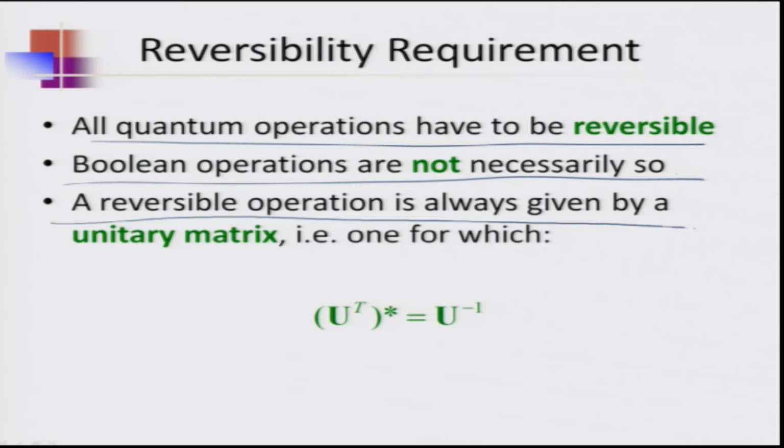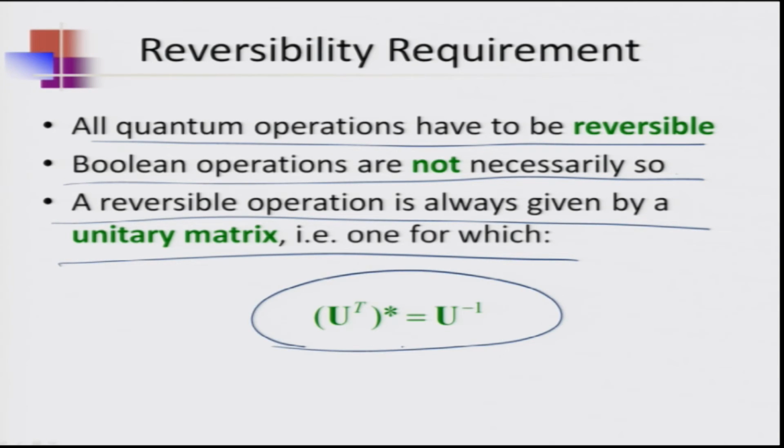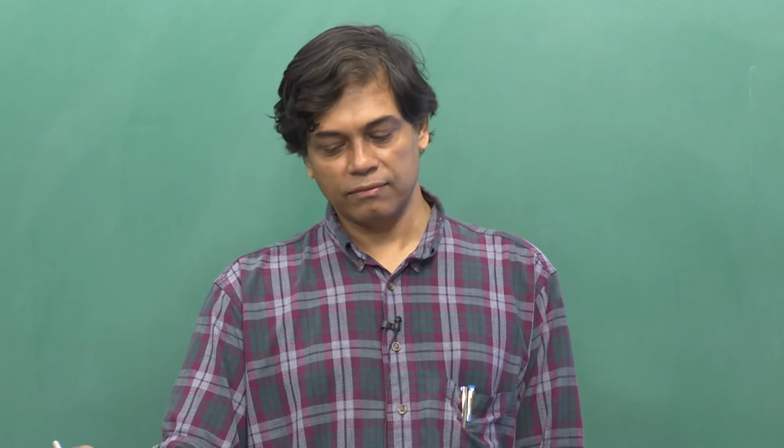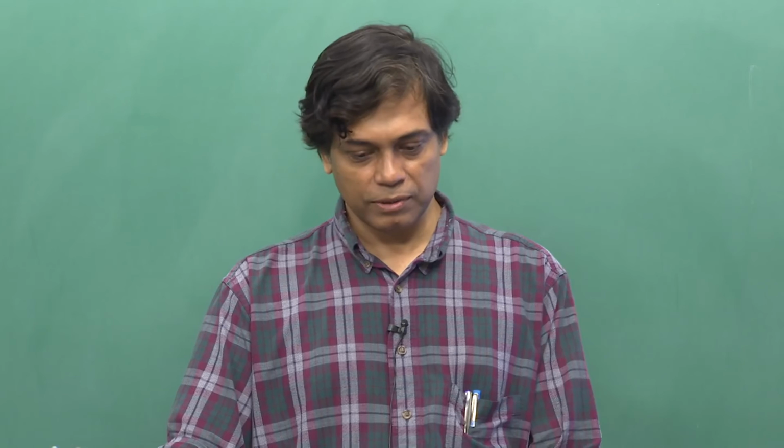A reversible operation is always given by a unitary matrix, so all our quantum gates will be possible to write in terms of this kind of unitary transforms. So, that is one other point, that any gate that we devise will have a unitary transform. So, it will be possible to get this inversion very easily. Okay. So, for any operation that you have, its inverse is available, right. That is the advantage of it.